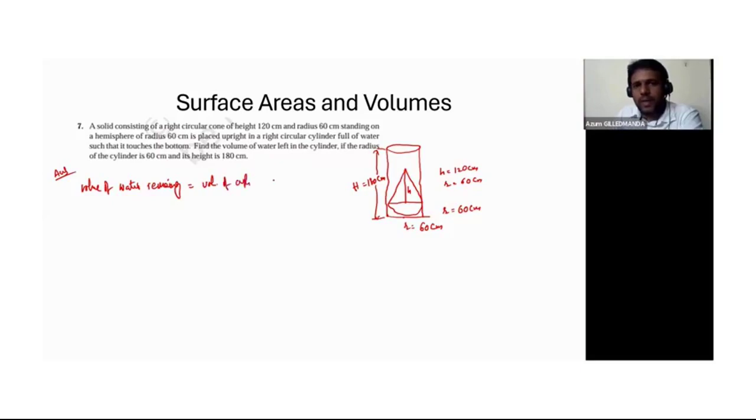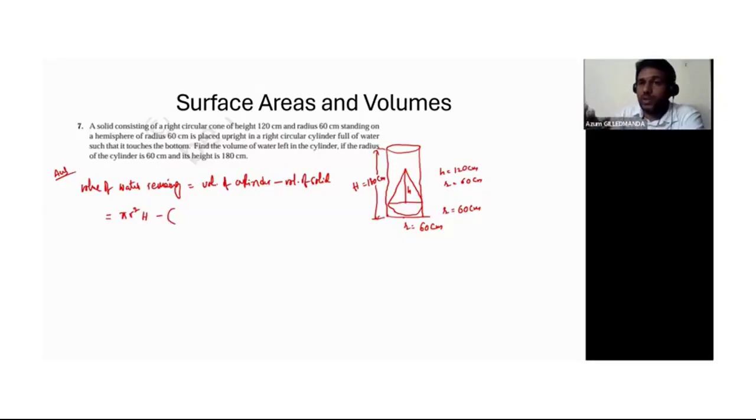I'll write from here to make use of the space. So the volume of the cylinder is pi r square capital H, minus the volume of the solid.